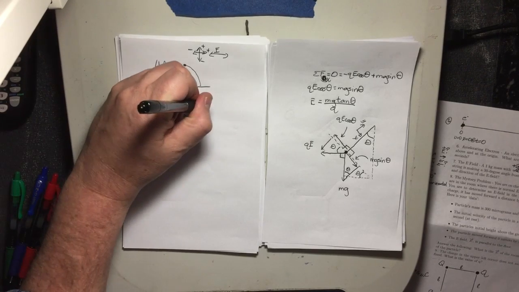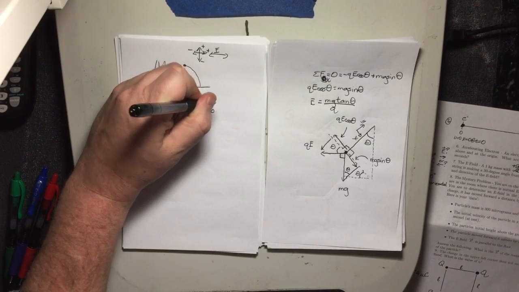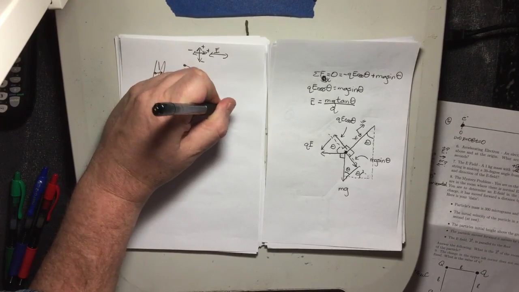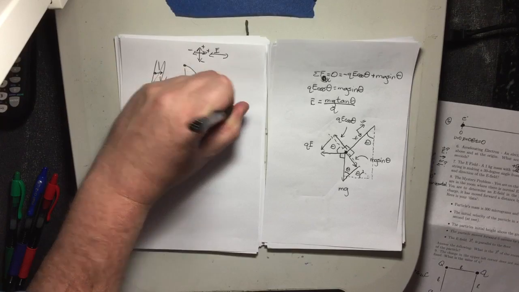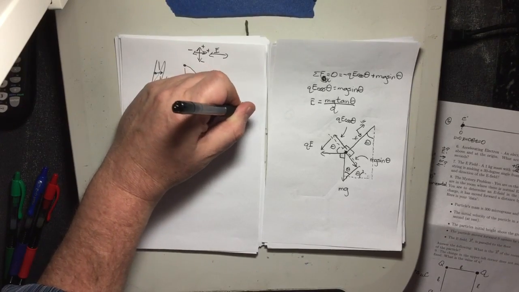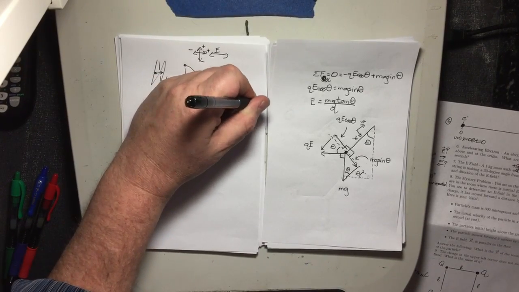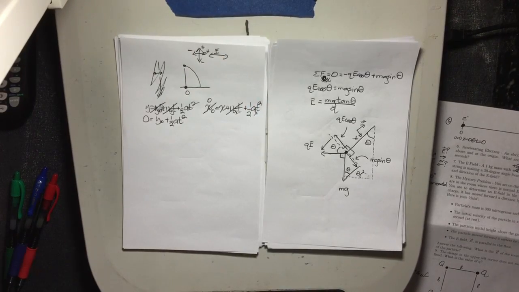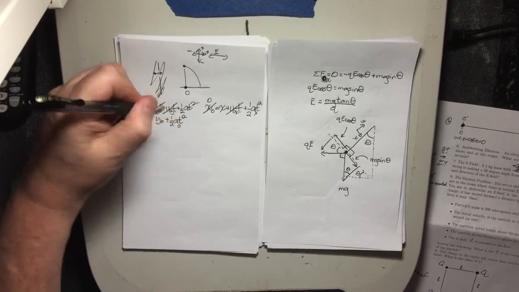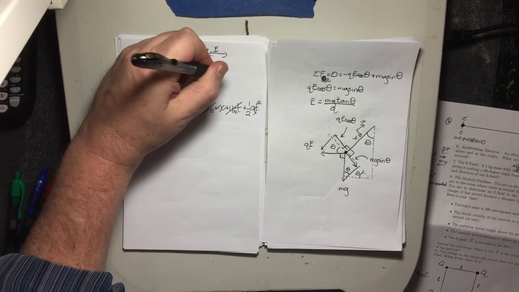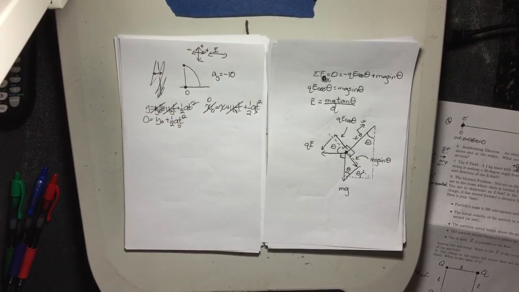The initial x is 0. A in this case, a y, now that I have y, is negative 10, because it's down, the magnitude of gravity is 10.